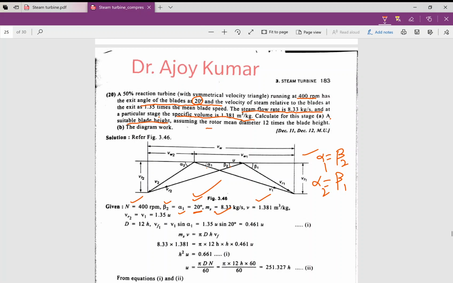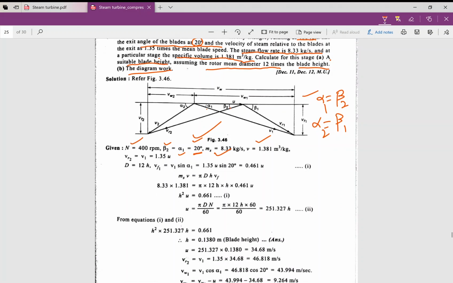Assuming the rotor mean diameter is 12 times the blade height, and then we have to calculate the diagram work as well. So here, the mean diameter capital D is 12 times H.